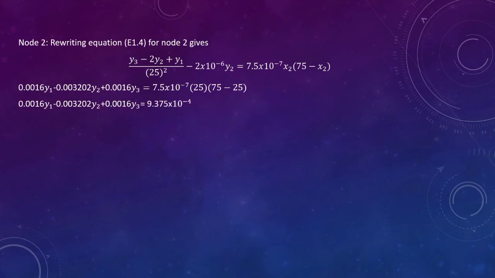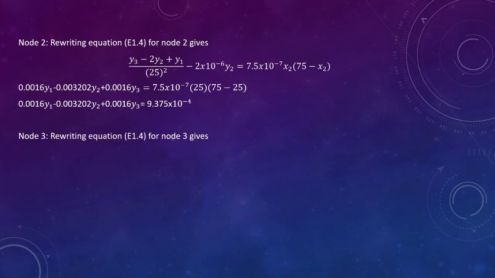After that, the right side of the equal sign, we also input in the calculator: 7.5 times 10 raised to the power of negative 7 times 25 times 75 minus 25, and the result is 9.37 times 10 raised to the power of negative 4.